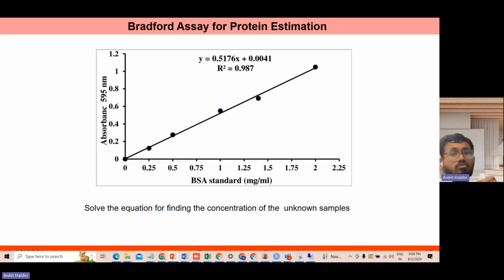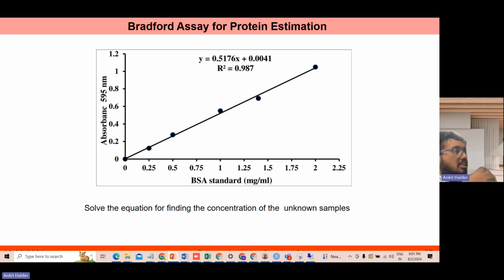But in the Bradford, generally only a linear range is used, and you will be getting a linear curve, which will have the R square value that is more accurate, and it should be close to 1 to show that the sample concentration that you have got is correct.